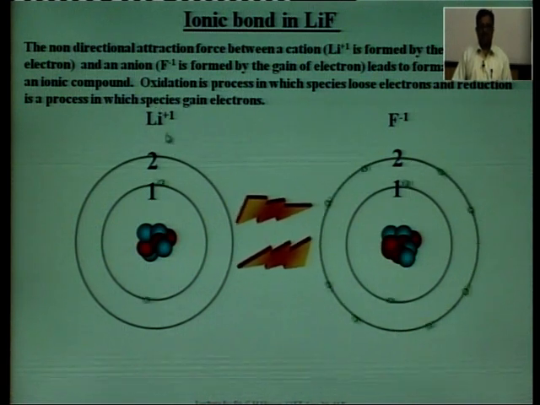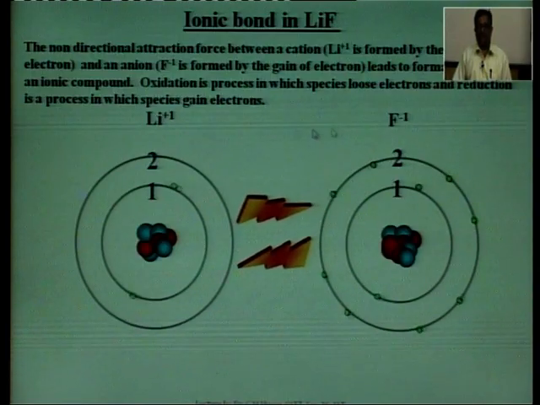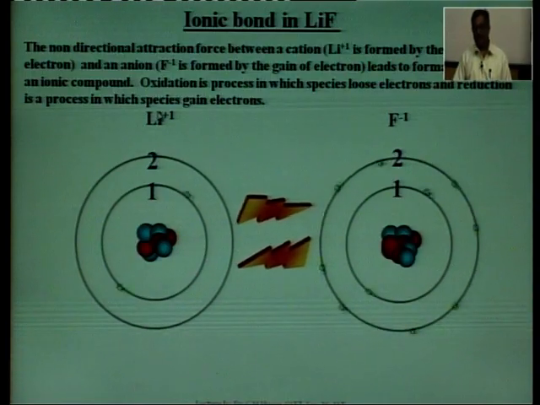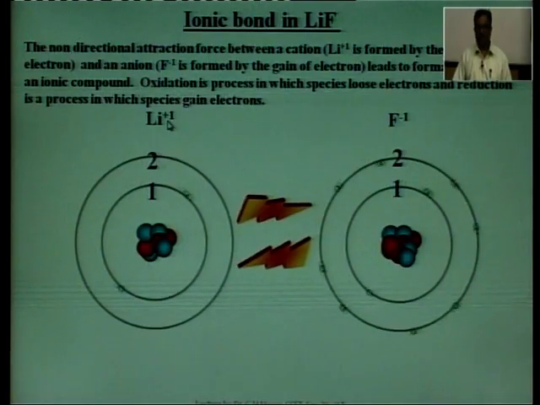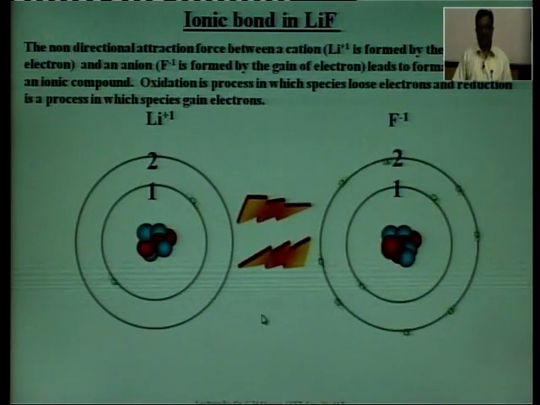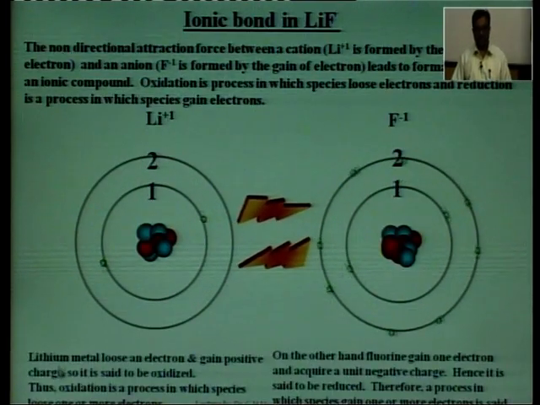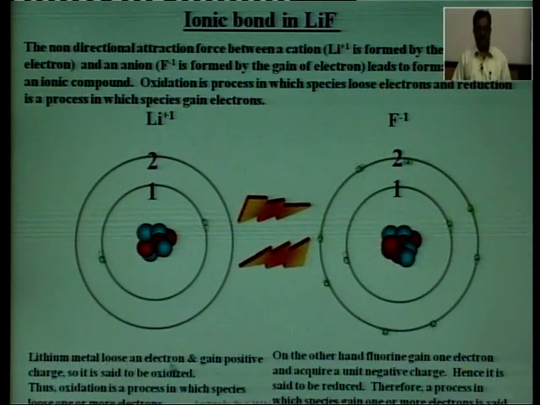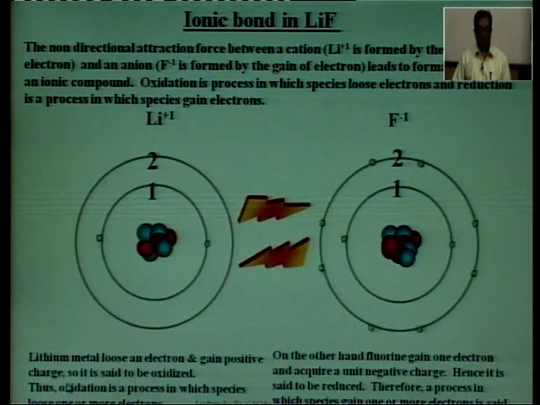Here, the electron is transferred from the lithium atom to the fluorine atom. Fluorine changes to fluoride, lithium changes to lithium cation, and they attract each other. So what we are interested in: lithium metal loses an electron and gains a positive charge, so it is said to be oxidized.